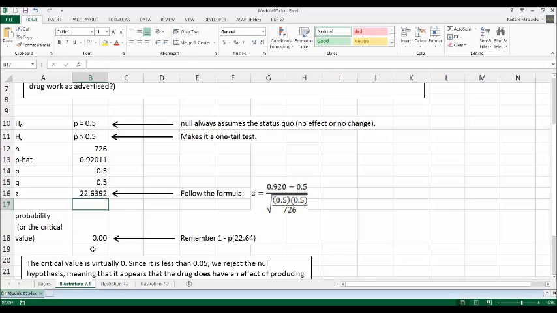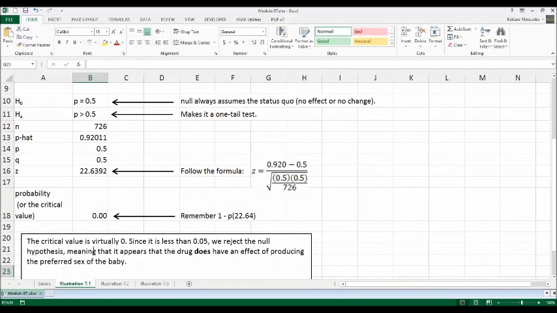So now what you do is compare this value to the alpha, 0.05. So if you think for a minute, 0.00, is that less than or greater than the alpha, which was 0.05? So in this case, 0.00 is less than 0.05.